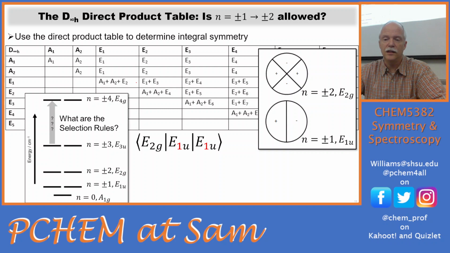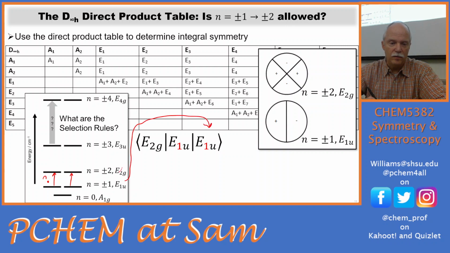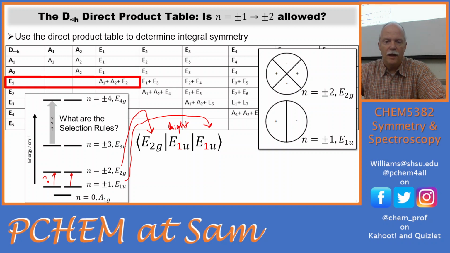Okay, so now let's look to see if we can go from E1u to E2g. So this is now this transition here. Is this one allowed? And so we have E1 times E1 gives us A1, A2, and E2.